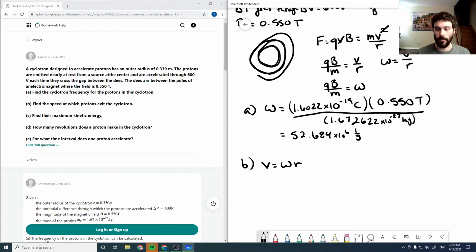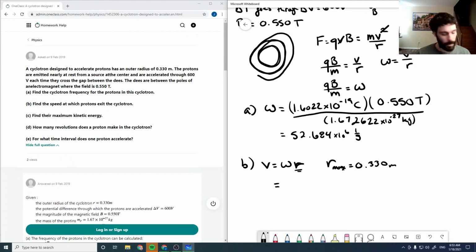It's still going to have the same cyclotron frequency because the charge, the B field, and the mass are constant. The only thing that's going to change is the radius at which it orbits. And at the maximum radius, our r max is given as 0.330 meters.